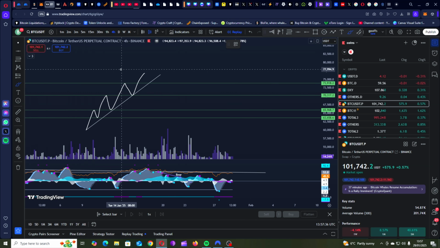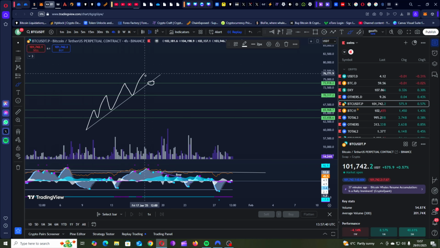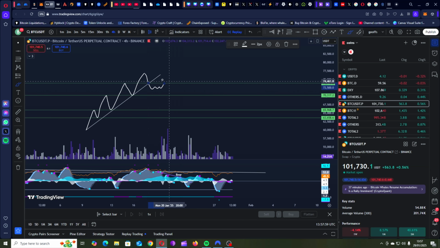So if you were saying this zone here, you are correct. It should come down and hold market structure. Okay? That's what it should do in an uptrend. If we see this in an uptrend, we have now lost market structure, which is an uptrend.